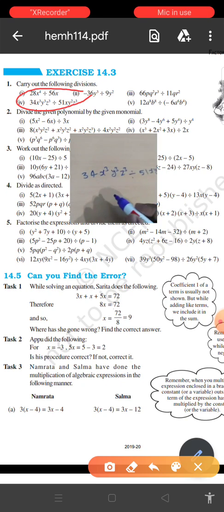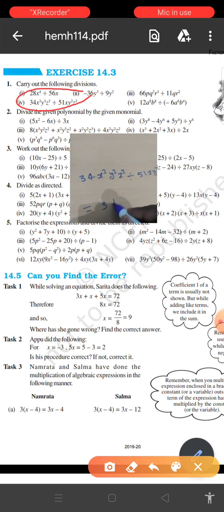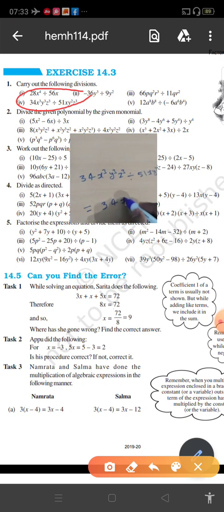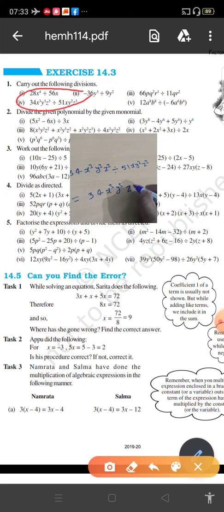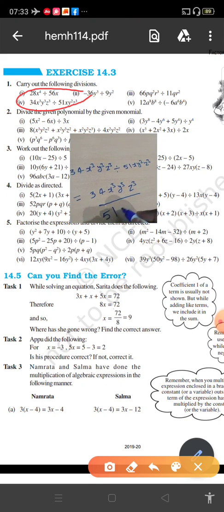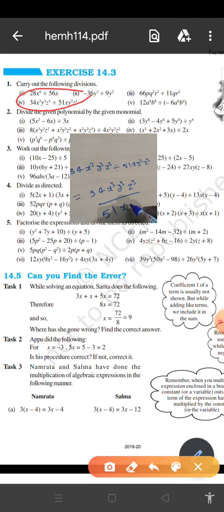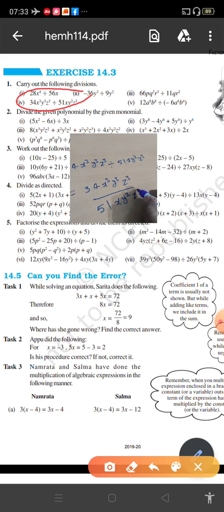Okay, so first you can write it like this: 34 x power 3 y power 3 and z power 3 divided by 51 x y square and z power 3.